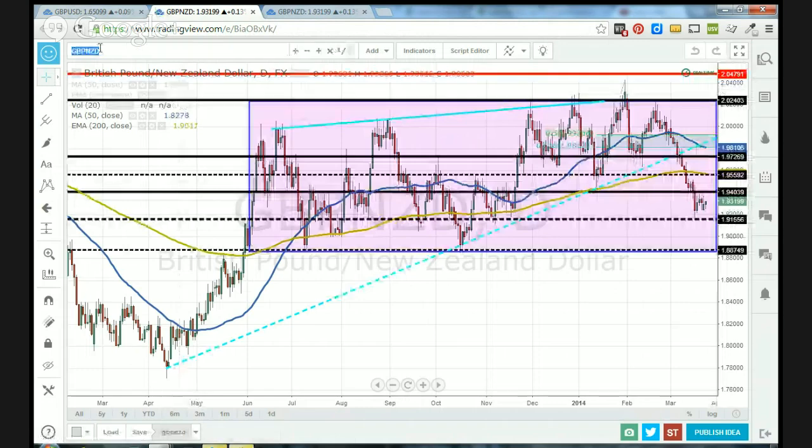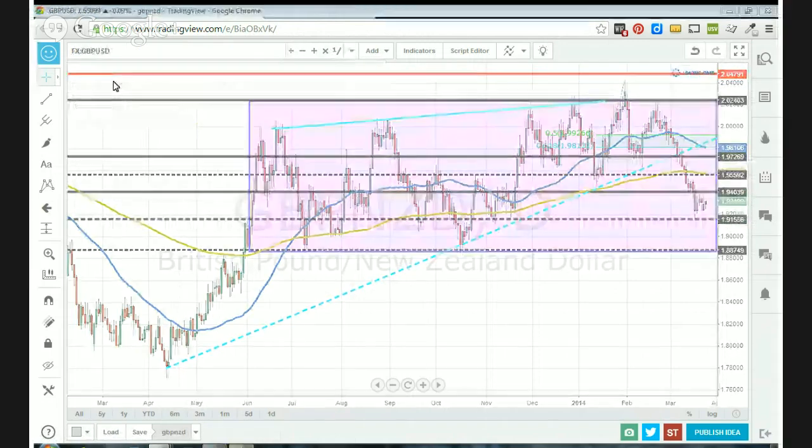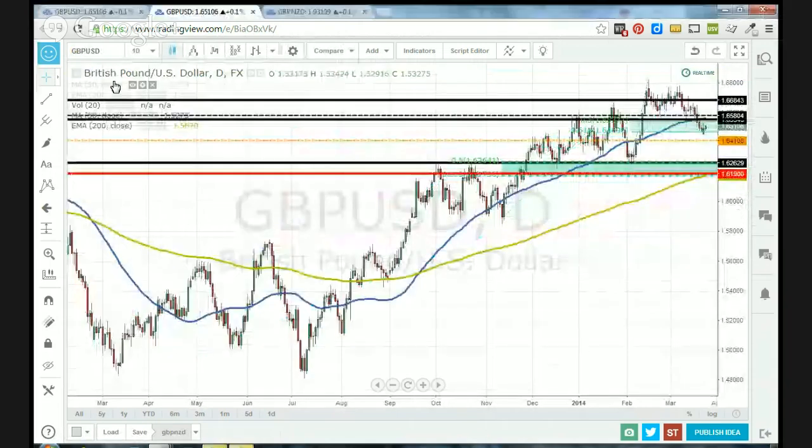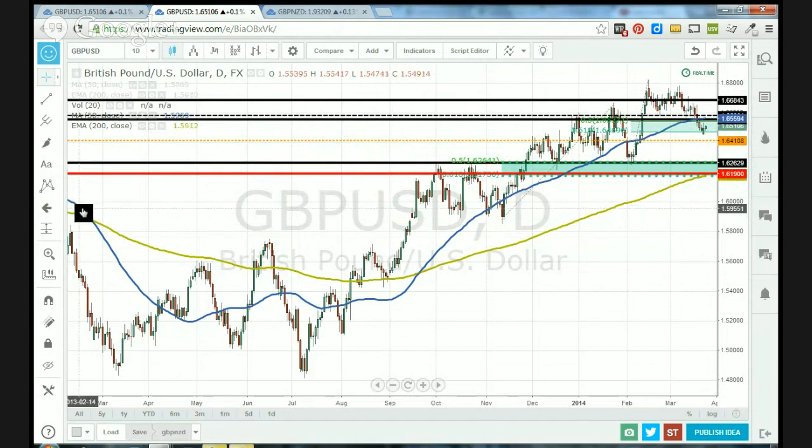Let's go to pound dollar. Okay, that's pound dollar. Hmm. Looks like it could be a buying opportunity of sorts. It's an uptrend, and let's zoom in a little more.